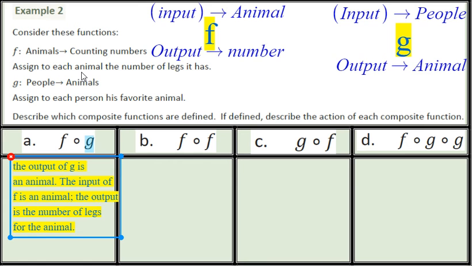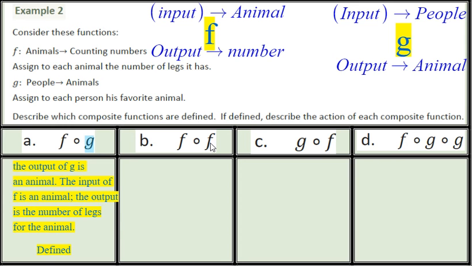So this is a function which is defined. So I can say that this function is defined because I can complete the process of starting with function g and using my output from function g as my input from function f.